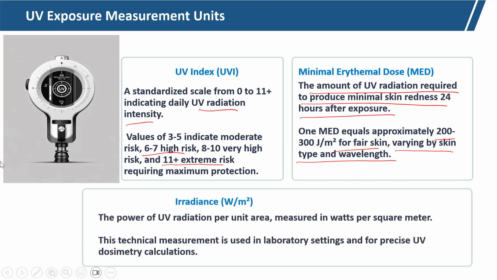And also irradiance, another unit, which is power in watts per square meter. That is the power of UV radiation, like UVC has high power, UVA has lower power. So, that power, irradiance, we measure in watts per square meter.